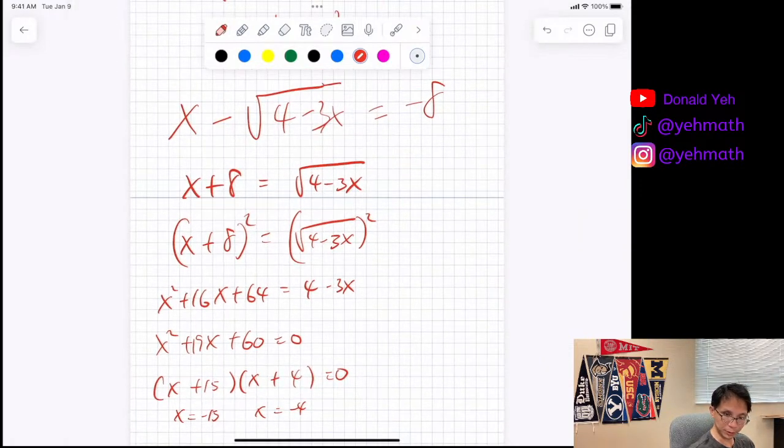I'm going to plug into the original equation to check which one's correct. Huh? Neither correct? That can happen.